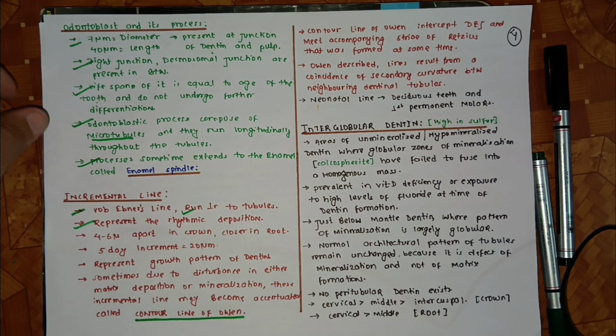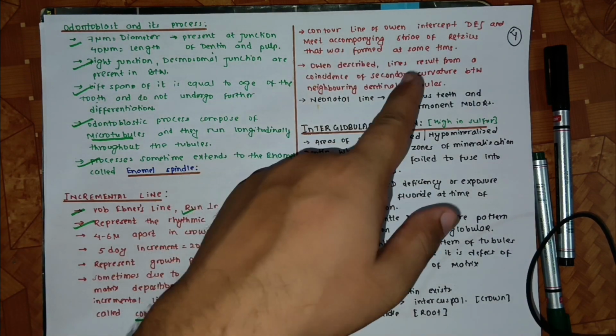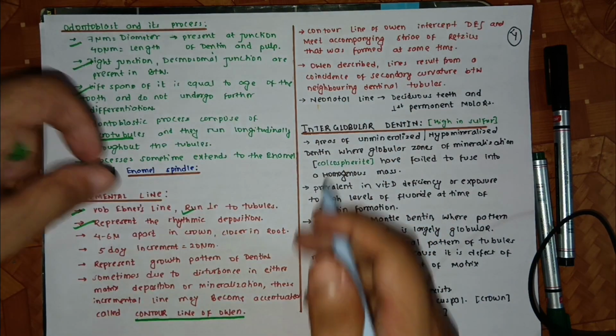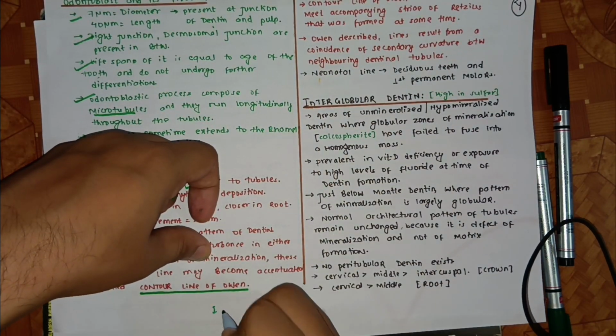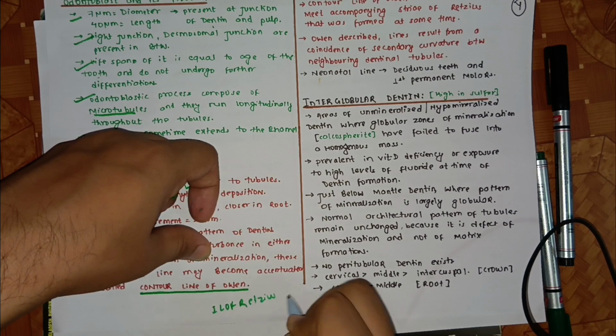As we discussed in the enamel chapter, there was the incremental line of Retzius, and the accentuated incremental line of Retzius is similar to the contour line of Owen.